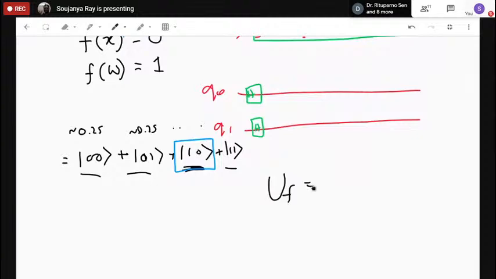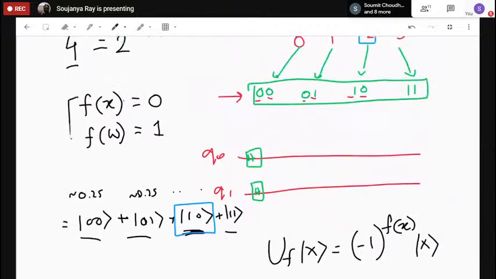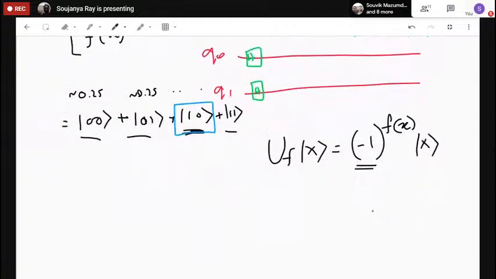UF of x will look like this: it maps x to minus 1 to the power f of x, times x. So it uses the function that we have already declared here and inverts the phase of the searched item.